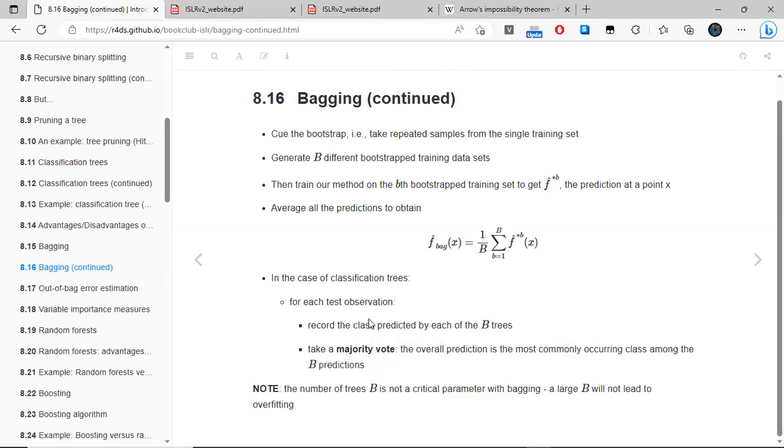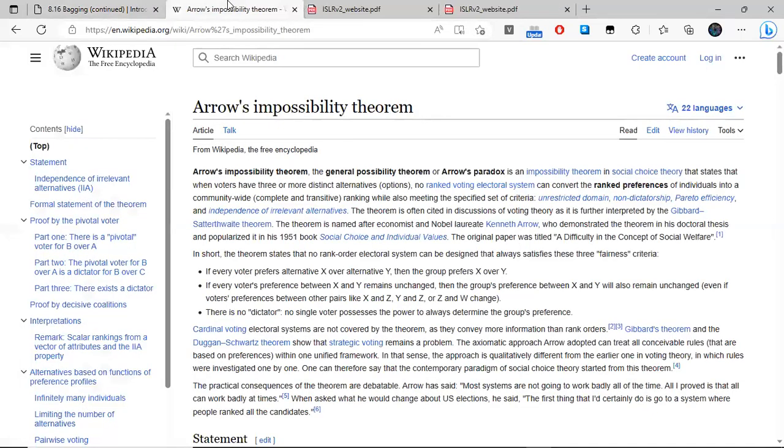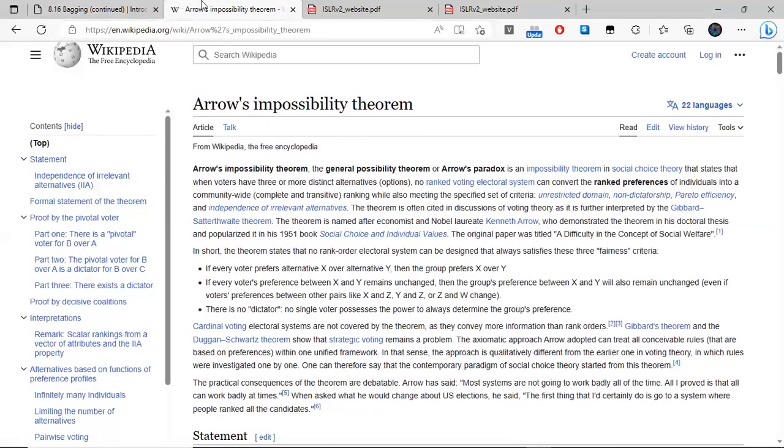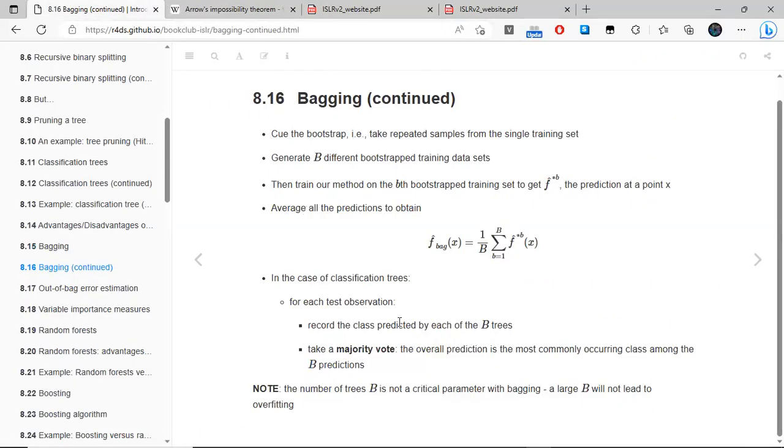And this is the part when I wanted to mention this theorem that is called Arrow's impossibility theorem, because in this part about bagging and classification trees, it's like we are generating a vote.